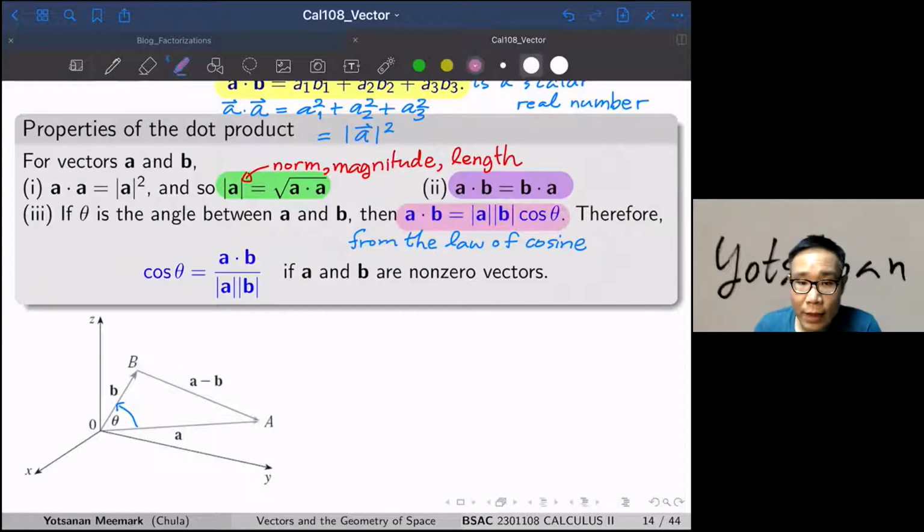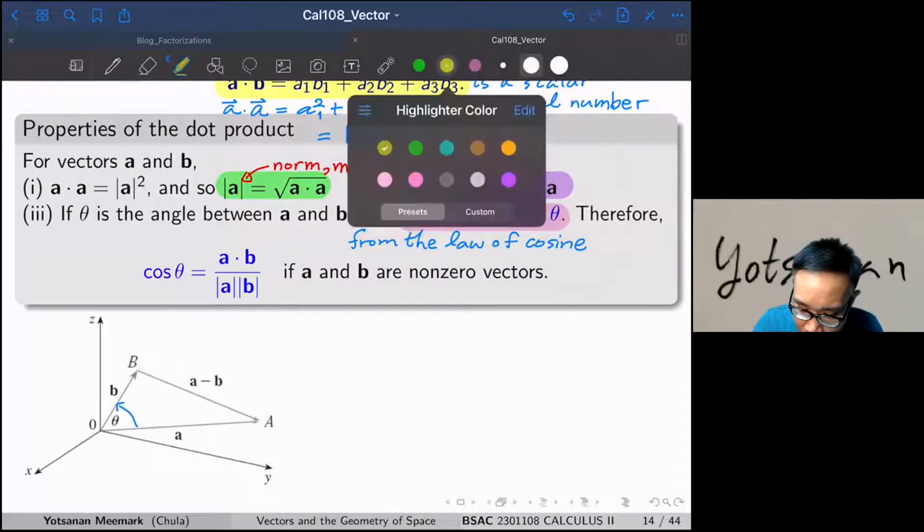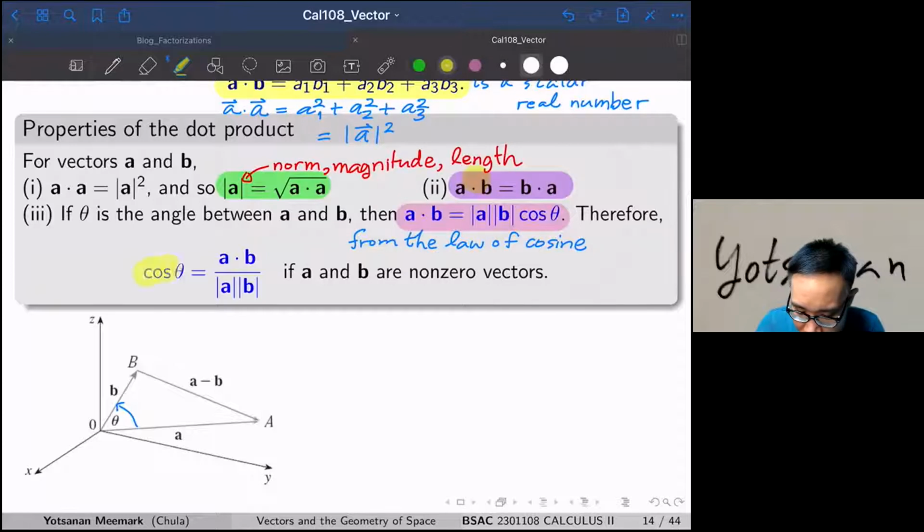And if you'd like to solve for cosine theta, cos theta will be A dot B over norm A, norm B, where A and B are nonzero vectors. This one is going to be useful.